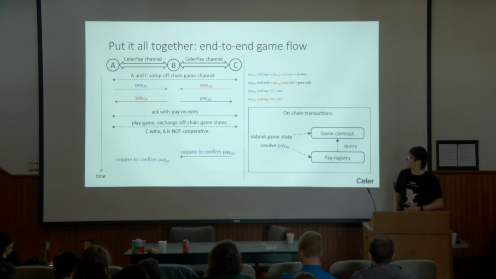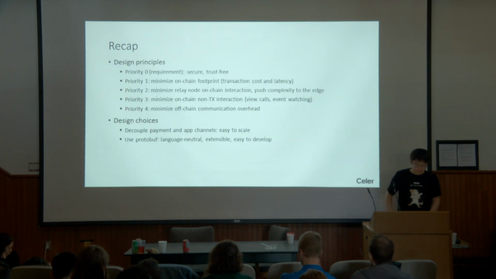And after that, C can safely require the upstream relay nodes to confirm the payment because the pay is already finalized. And for the payment from C to A, people can just wait till timeout. So in all these cases, B simply acts as a relay node to facilitate the process.